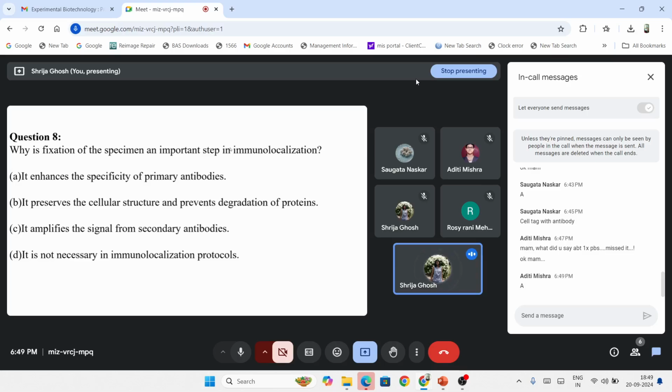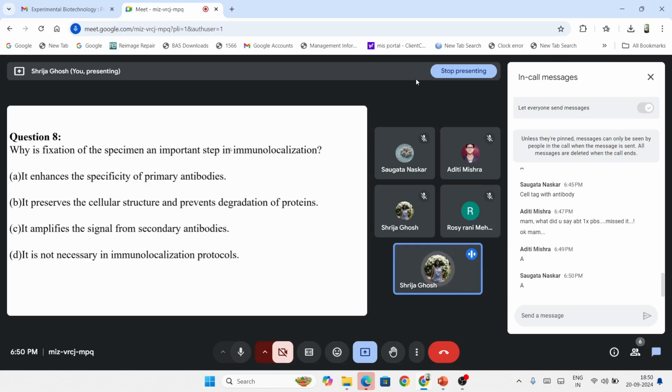Aditi says option A. Okay, that means you haven't understood the previous question. Anyone else wants to answer? All of you haven't understood the fixation part.